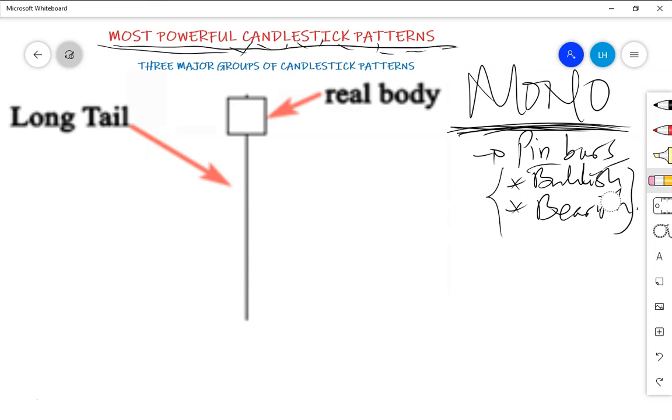That's why we call it a bullish pin bar. It is known as a bullish pin bar because it shows a bullish momentum.